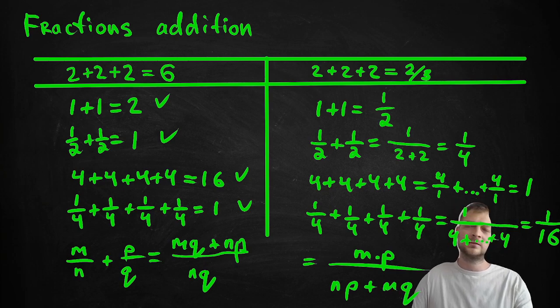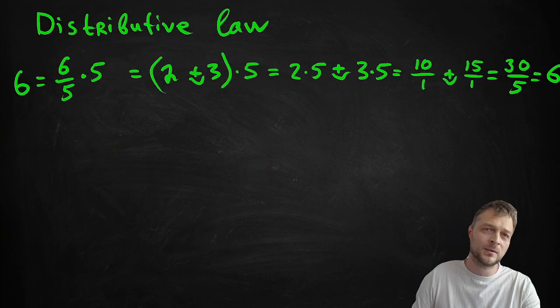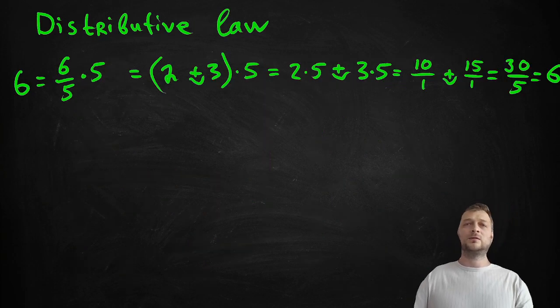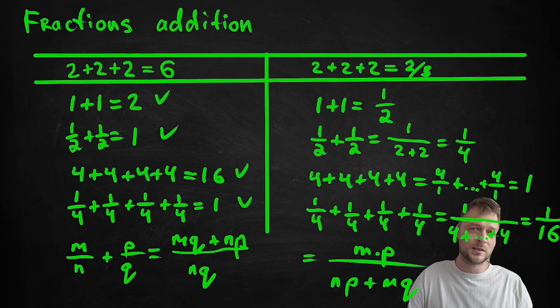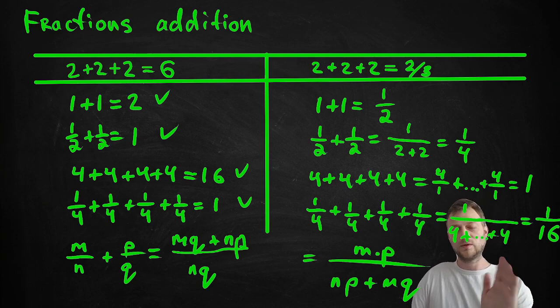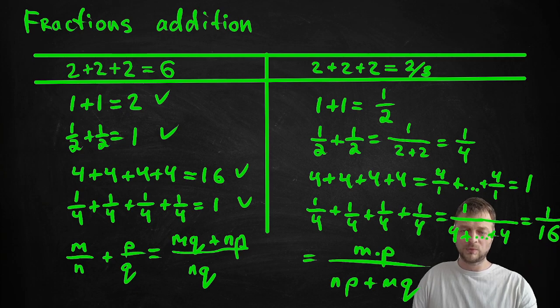Okay, so let's move on with this system. Let's consider the distributive law. What I forgot to say is that to disambiguate the right and left hand side, I will use two different notations for the plus operation.